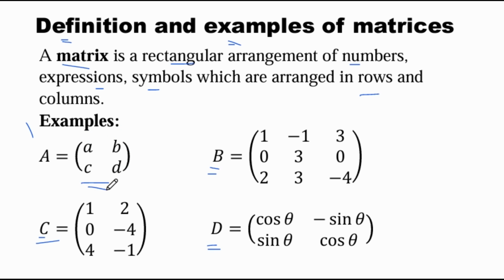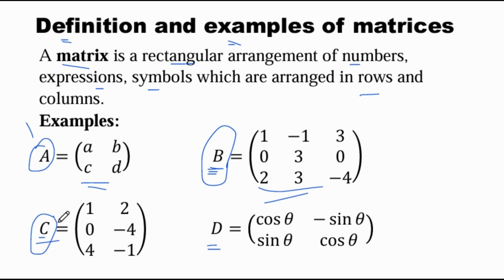So they are arranged in rows and columns, forming a matrix A. For matrix B, we have numbers: 1, minus 1, 3, 0, 3, 0, 2, 3, and minus 4. And these numbers are arranged in rows and columns, forming a matrix B.